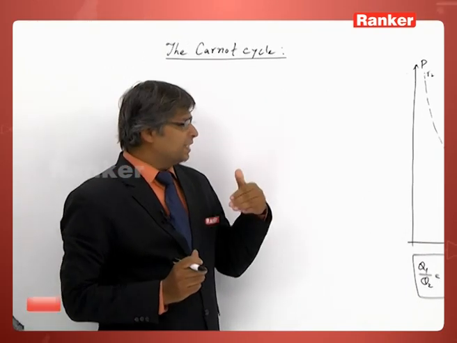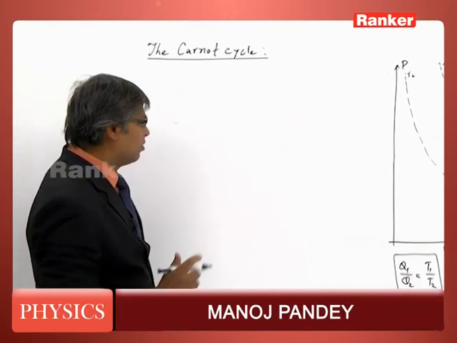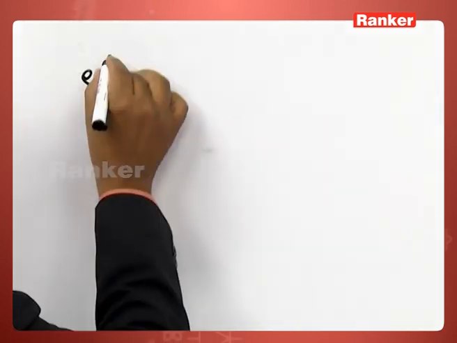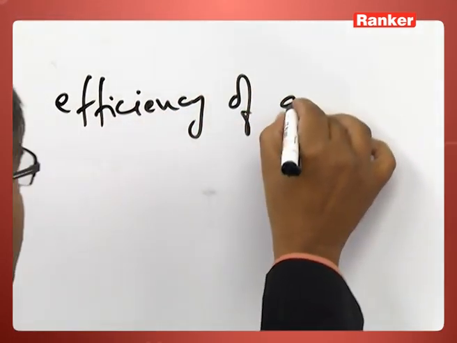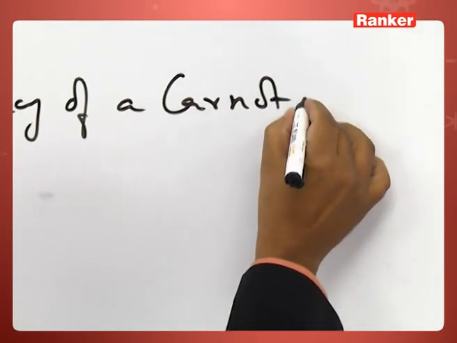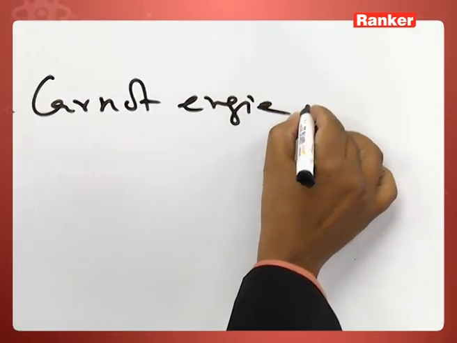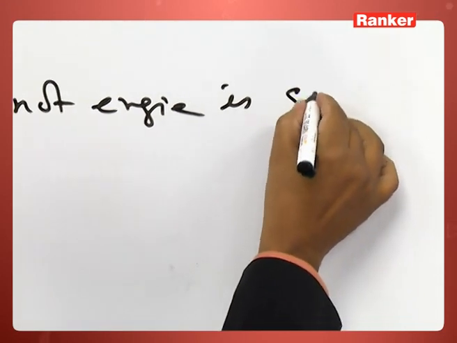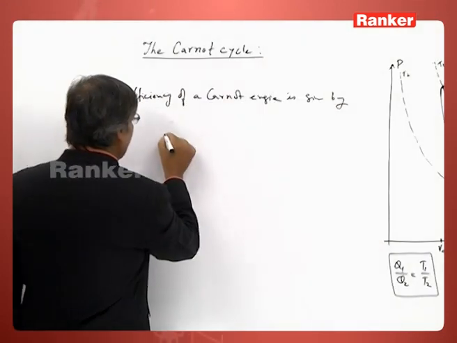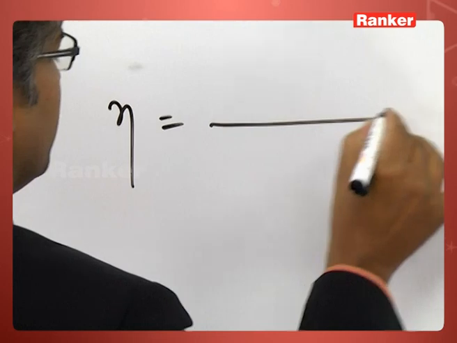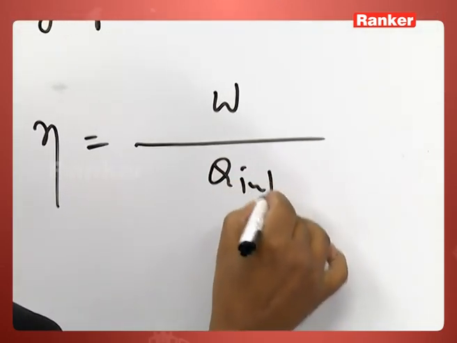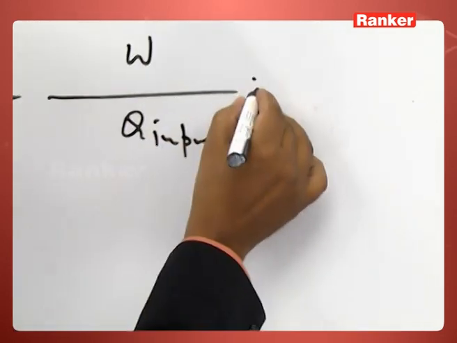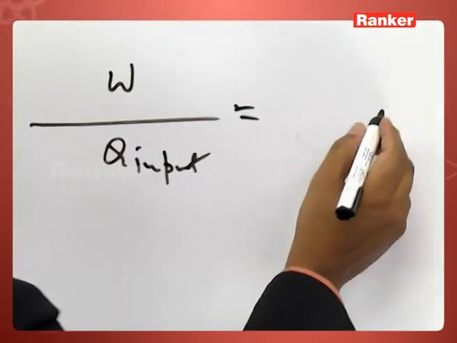Now let us see what is the efficiency of this Carnot engine. So efficiency of a Carnot engine is given by eta is equal to work by heat input. So this is the general. So work by heat input.